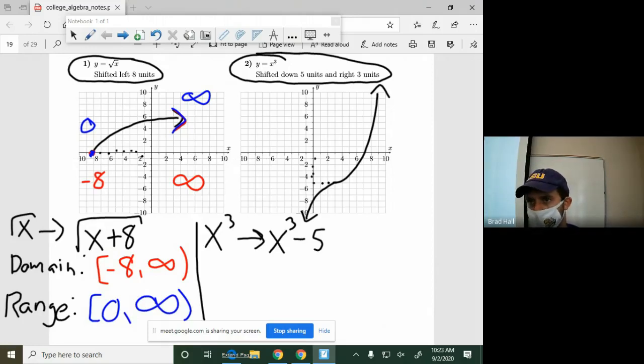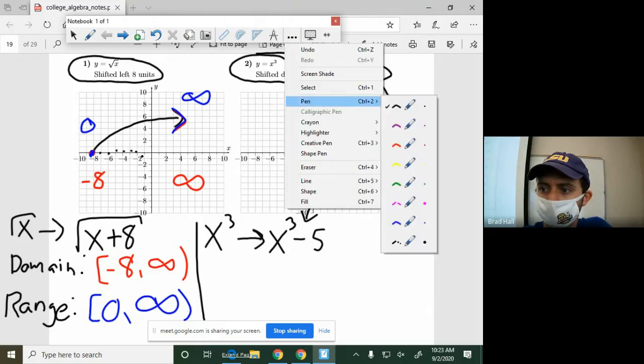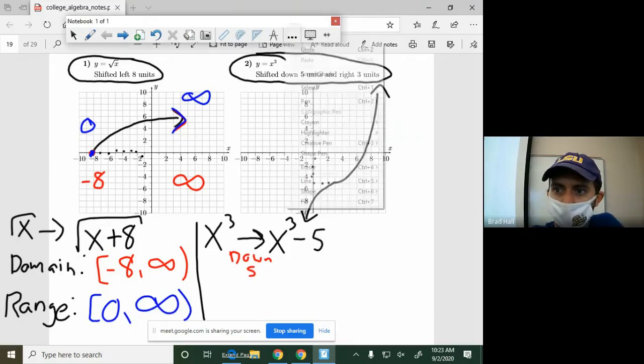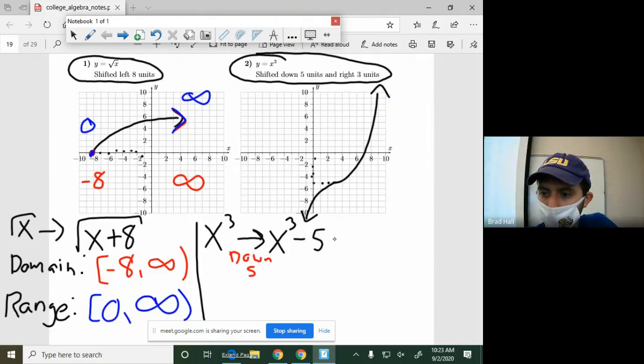This is a verbatim operation. Up and down implies if we want to go down 5, we just subtract 5. We don't have to do any opposite stuff. So this would be down 5. From here, well, we still have to go to the right 3.